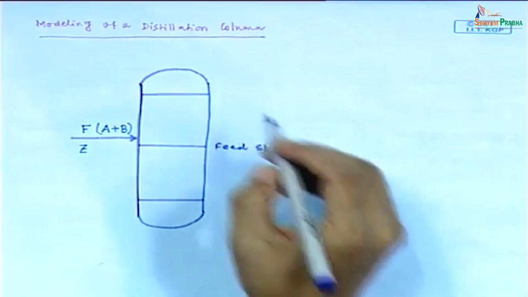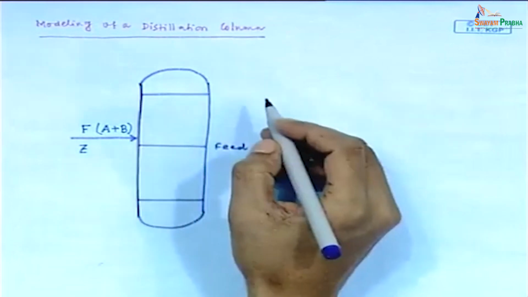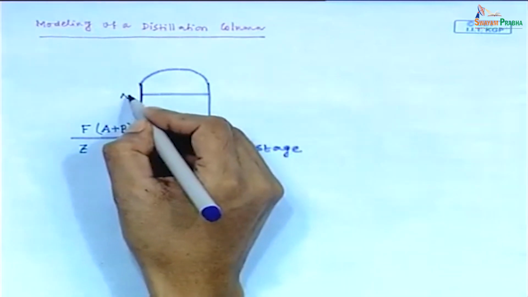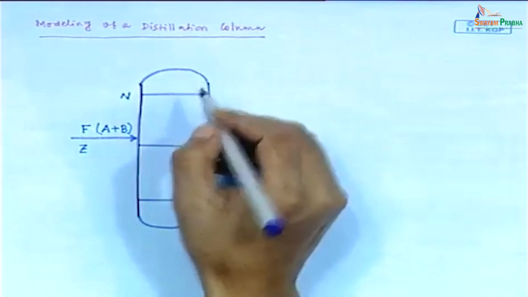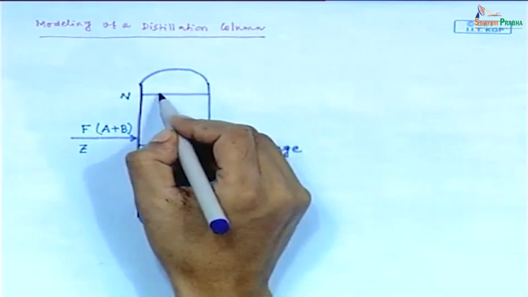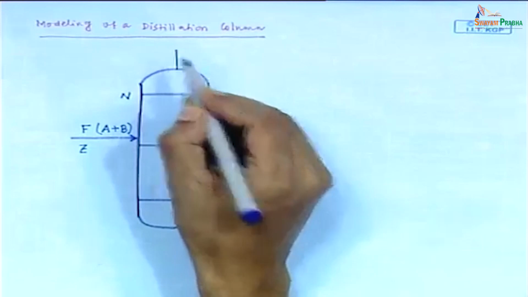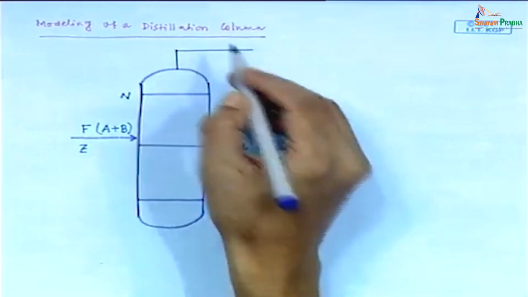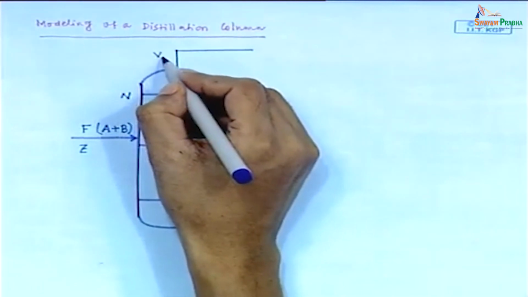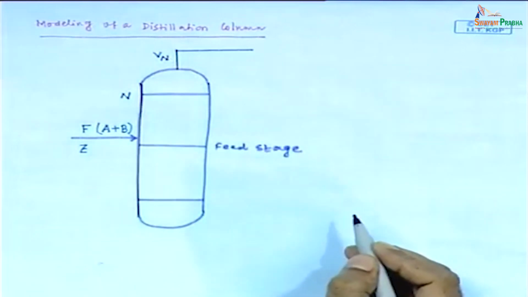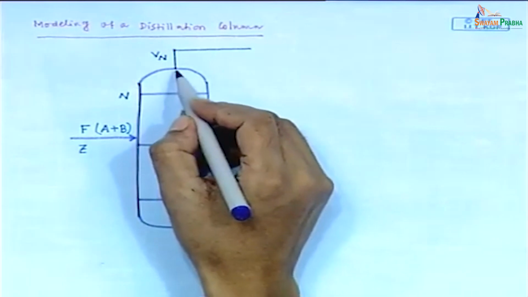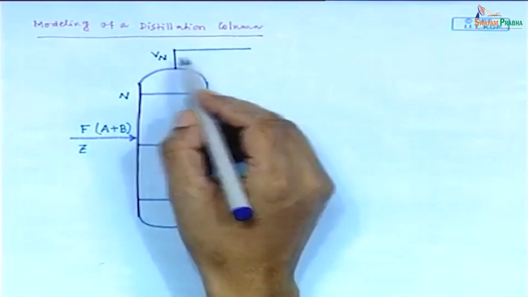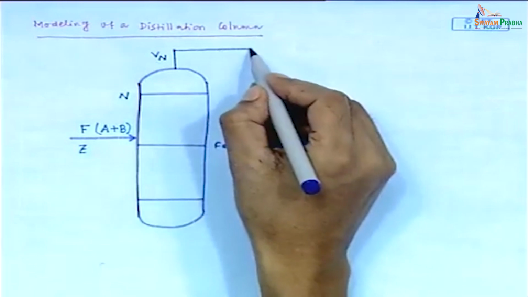Now, the vapor which is leaving this top tray, this top tray is denoted by N. The vapor stream which is leaving this top stage has the flow rate of V n.